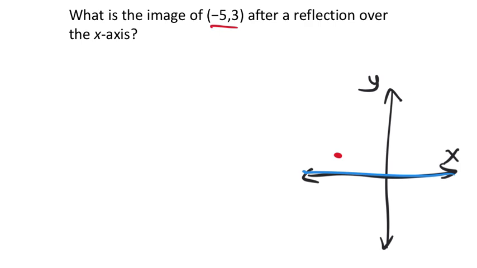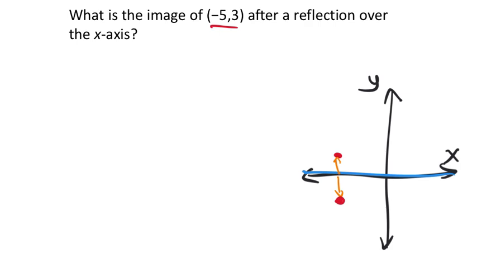And we can see then that negative 5,3 would be up from the line of reflection, so it would have to go down the same way, which would give us an image point somewhere right here, something like this. I know that's not perfect, but hopefully my drawings demonstrated enough.